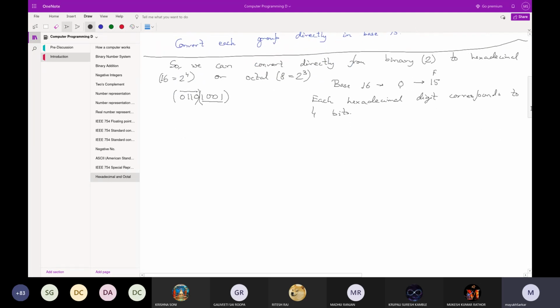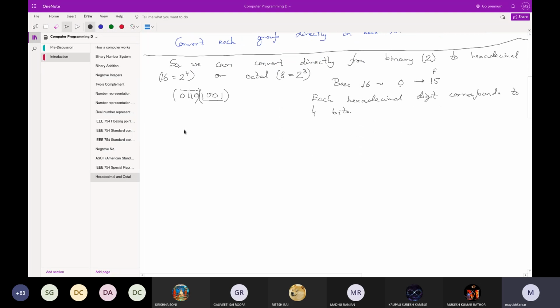In fact, this correspondence is straightforward. Suppose I am writing this in hex, and this is my binary conversion directly. 0 will be 0 0 0 0, 1 is 0 0 0 1, and it is quite straightforward now.